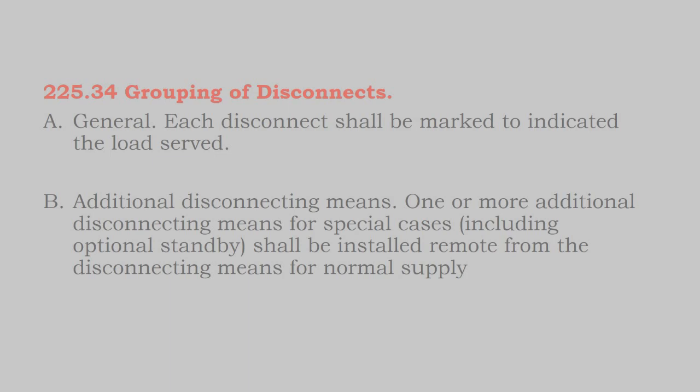And usually with a generator, it's very obvious to the firemen that there's a generator on site. They can just run over to the generator and turn off the generator disconnect as well. But what that means is when you get to where's the disconnect on your battery system, on a grid connected battery, is that disconnect going to be located remotely, or is it going to be located right next to all the other services? I think we're really splitting hairs here.